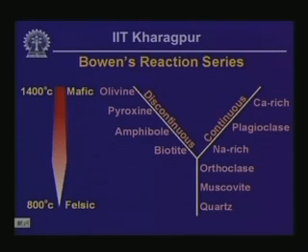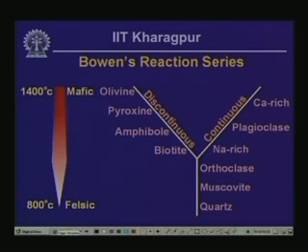What Bowen proposed was the fact that minerals actually change their characters as the temperature comes down, and there are two classes of minerals, one along the discontinuous series shown on the left here.